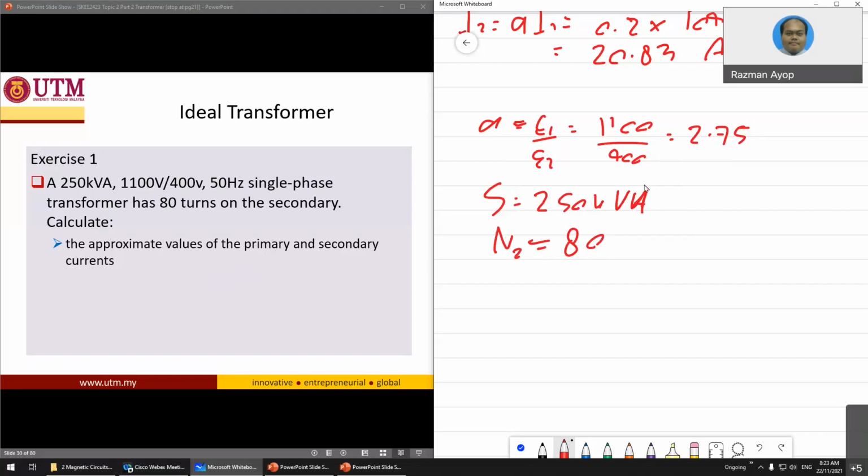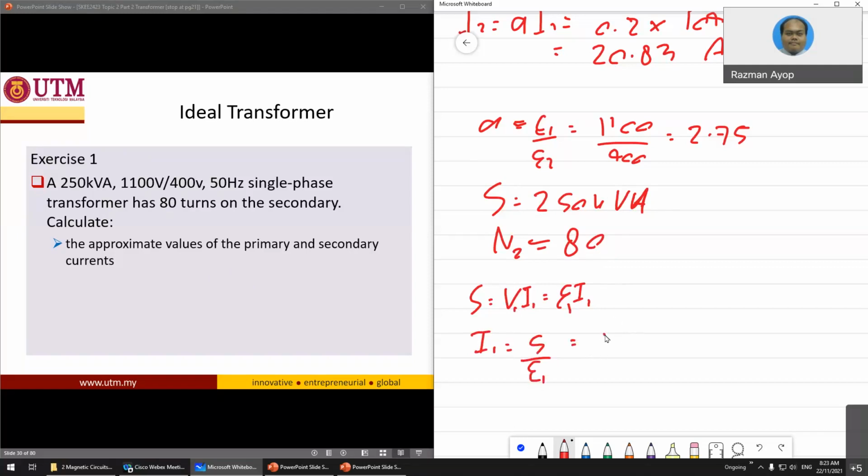Remember S equals VI, or S equals EI. Because we want to find the primary one, the primary current I1 is equal to S divided by E1.